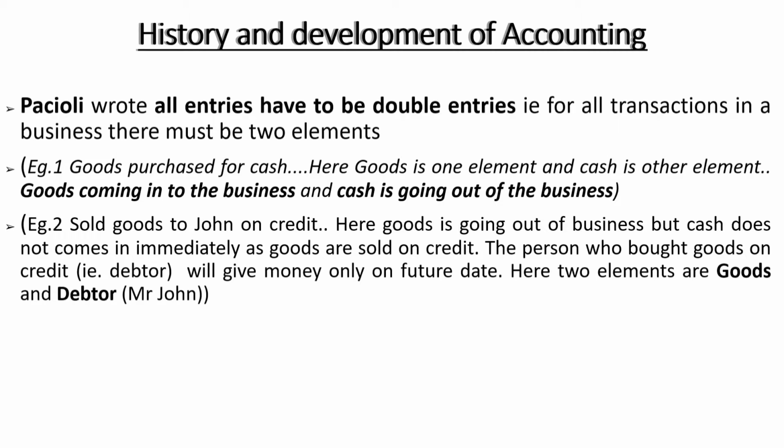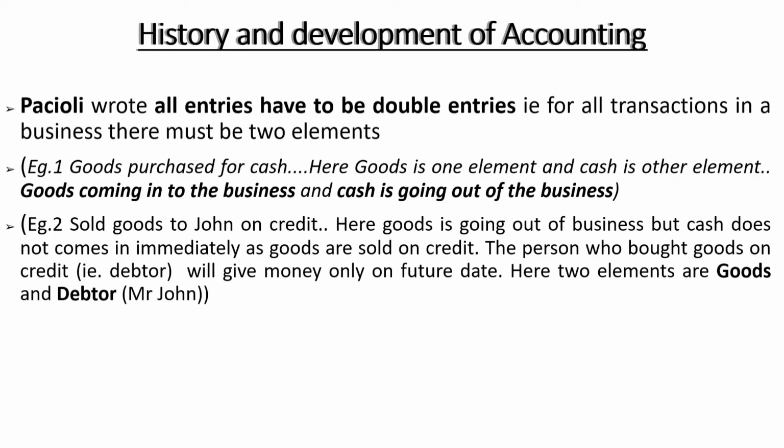Instead of cash, one person comes into the business, that is Mr. John. He has to pay money in future. He is known as the debtor. So, in this transaction, the two elements are goods and the debtor, that is Mr. John. The debtor has to pay money on a future date.